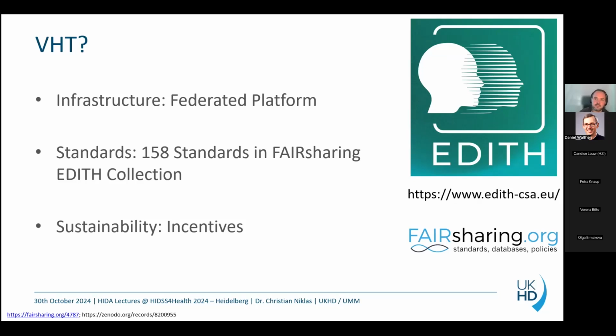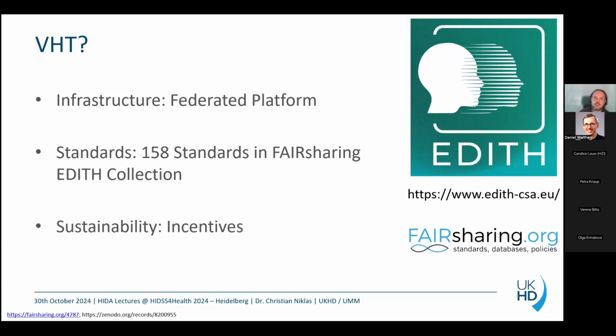But also, what I always ask in these initiatives is, what's the incentive for the people that have to do all the clinical work and all the IT work to make these data sources available for research?